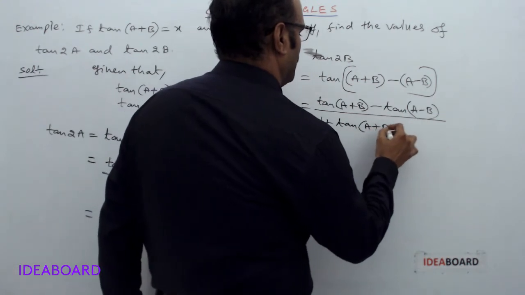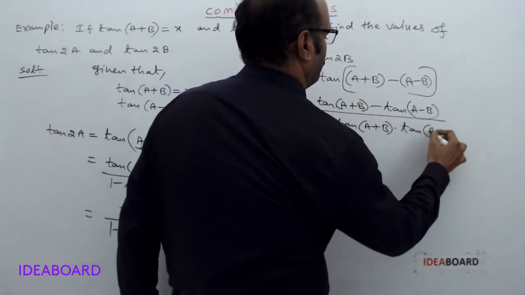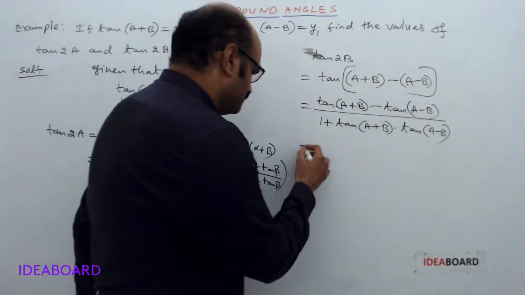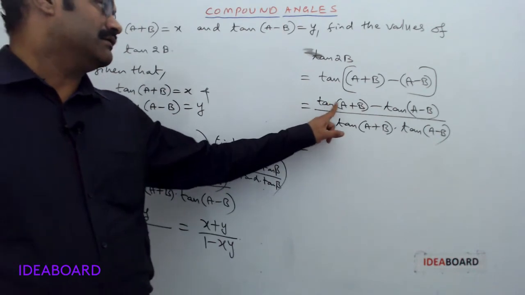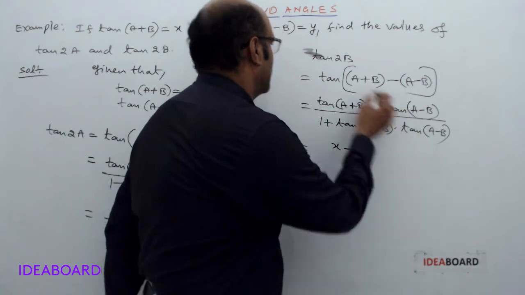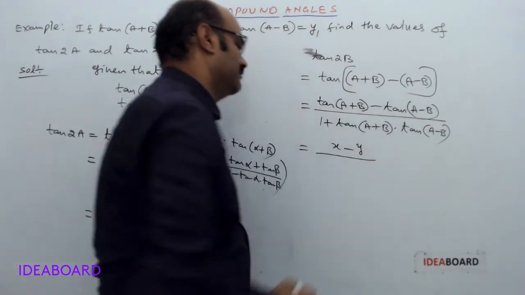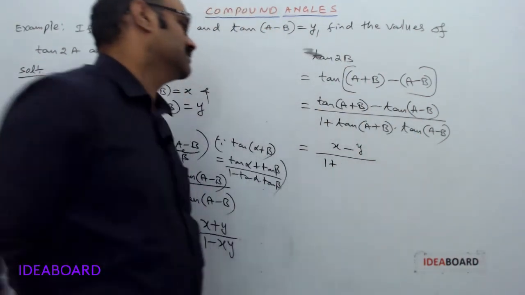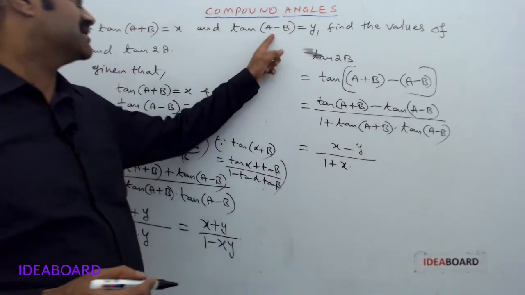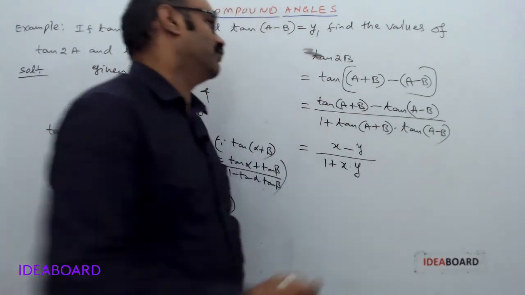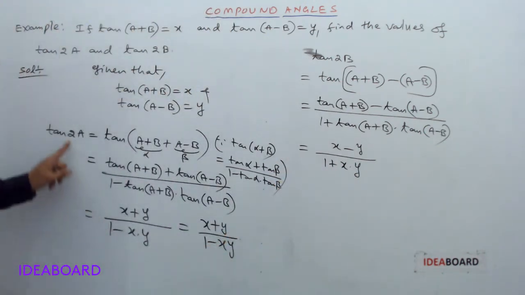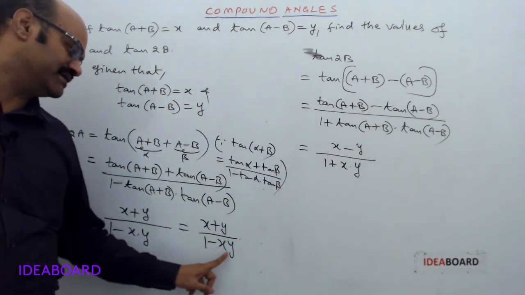So it equals tan of a plus b, given by x, minus tan of a minus b, y, whole by 1 plus x into y. Therefore, tan 2b equal to x minus y by 1 plus xy, tan 2a equal to x plus y by 1 minus xy.